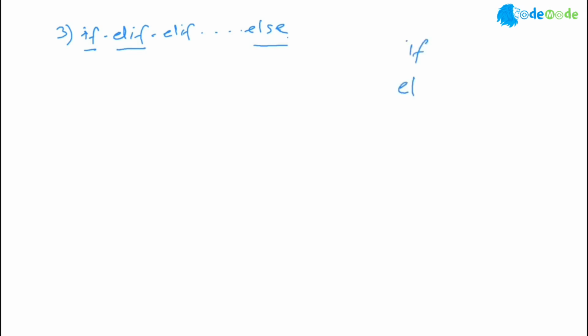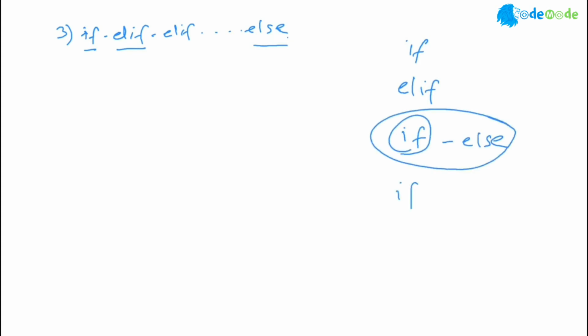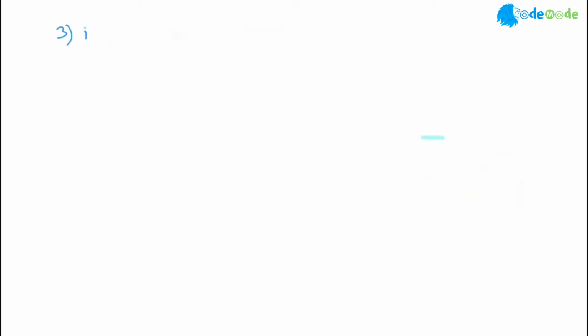You can't do if and elif. It has to be if, else, or if, elif, else. So if you use elif, you must have if and else. If you use else, you must have if. You don't need elif; elif is optional.